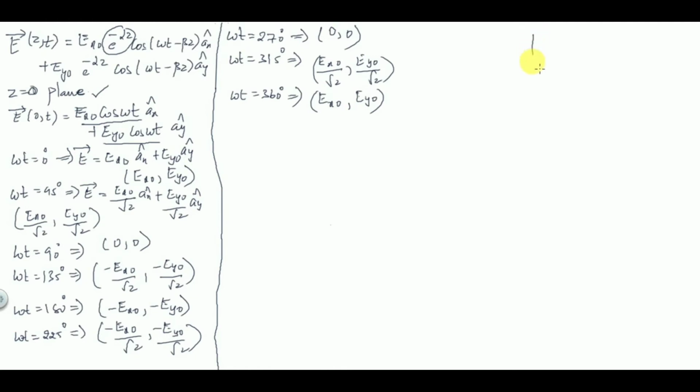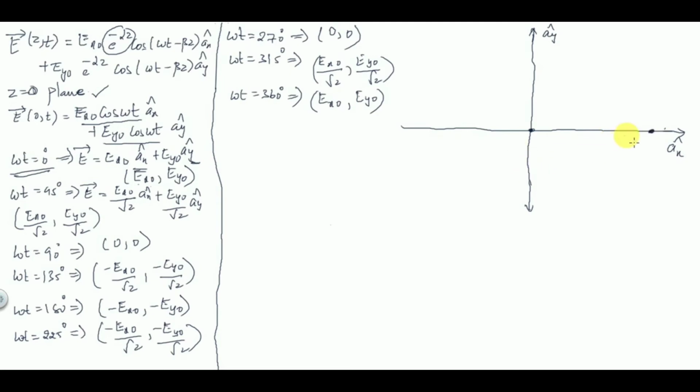So I am drawing these points on a plane. So this is Ax cap, that is the x axis, and this is Ay cap, that is the y axis, because the E bar is in terms of Ax cap and Ay cap.